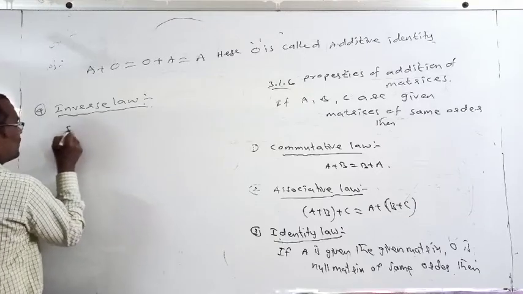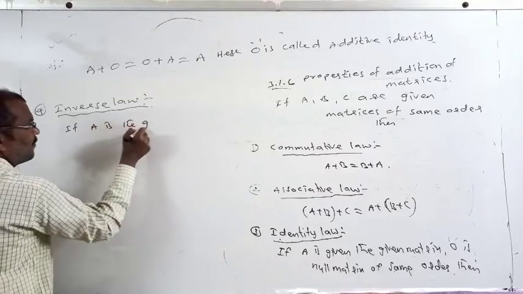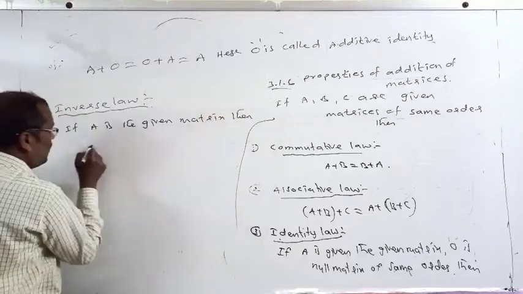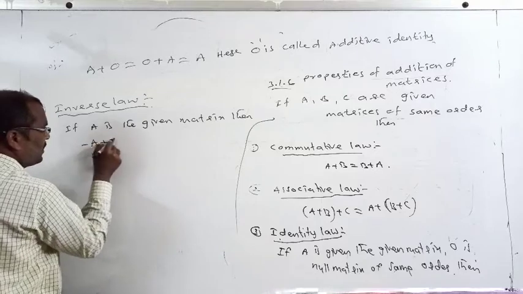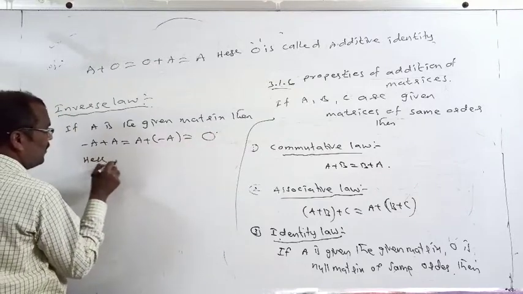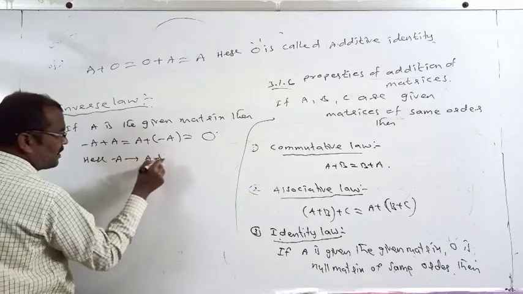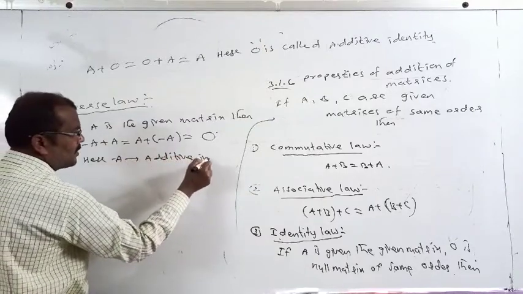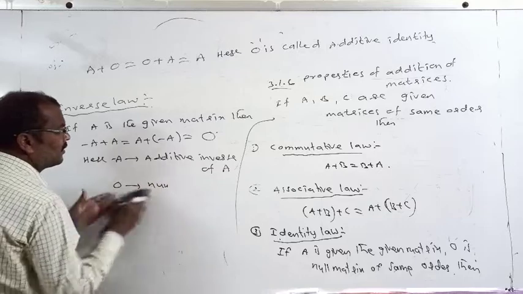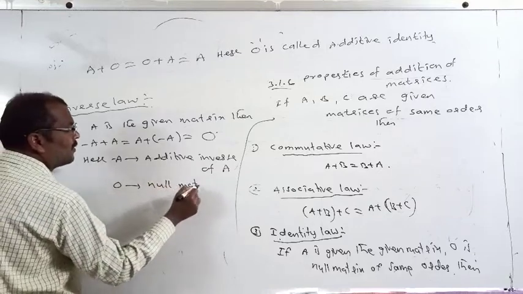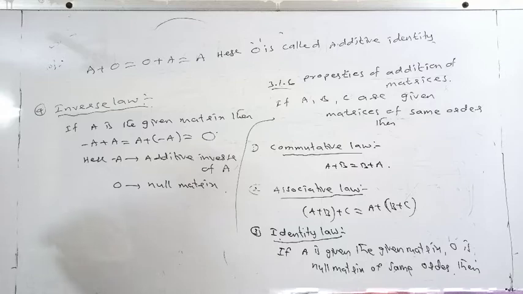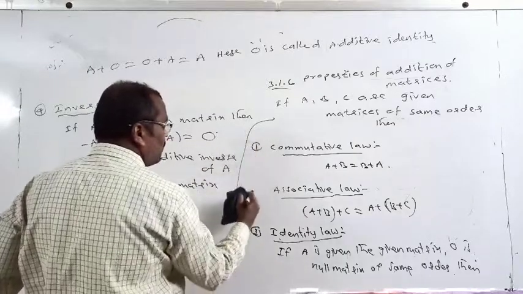If A is the given matrix, then minus A plus A equal to A plus minus A equal to O. Here minus A is said to be the additive inverse of A, and O is said to be the null matrix. Here it is 1 and 2.